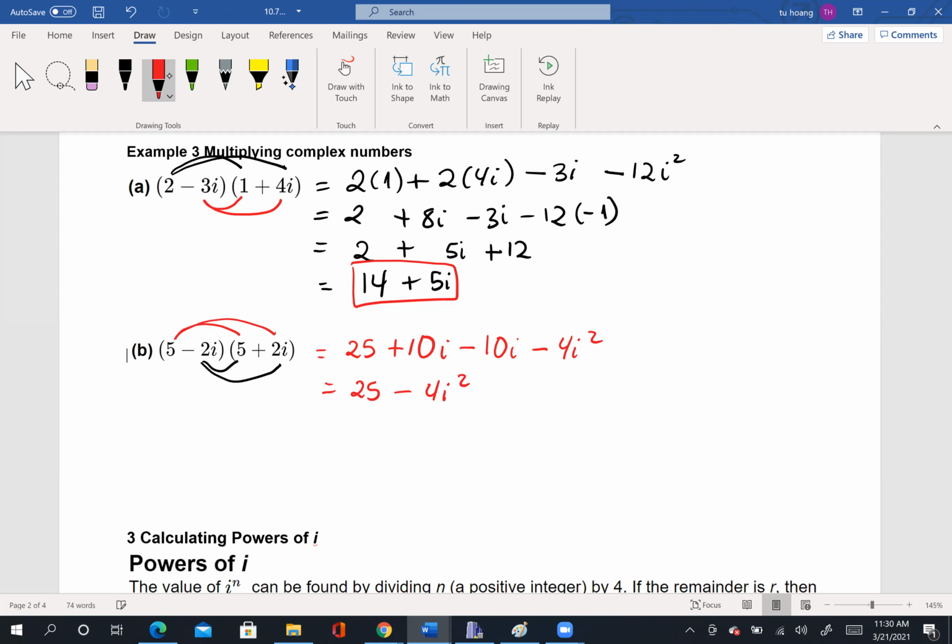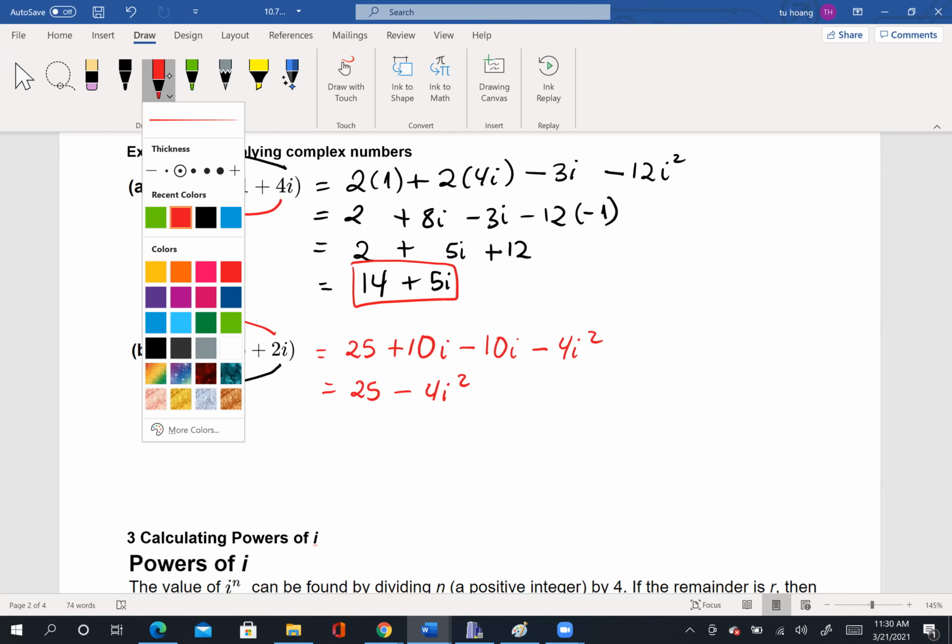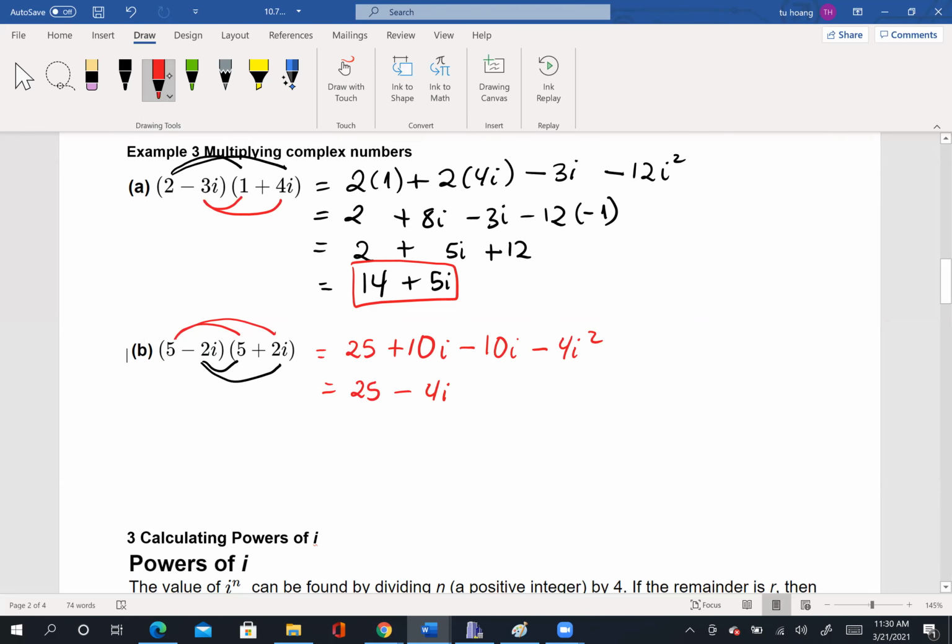Okay, so actually, you know what? 4i squared can be rewritten as 4 times negative 1. And then you have 25 plus 4, and that gives me 29. This is a real number, right?